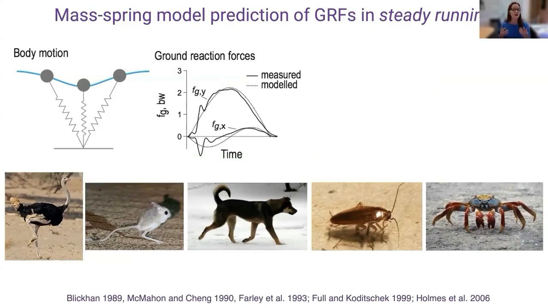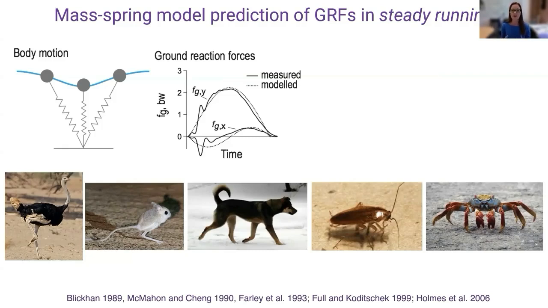And of course, the model is so simple, it can't explain all of the features of the ground reaction forces, but this is an example of modeling the ground reaction forces of a guinea fowl running in this case. And you can see that the magnitude of the vertical force and the magnitude of the decelerating and accelerating impulses are accurately represented by the model.